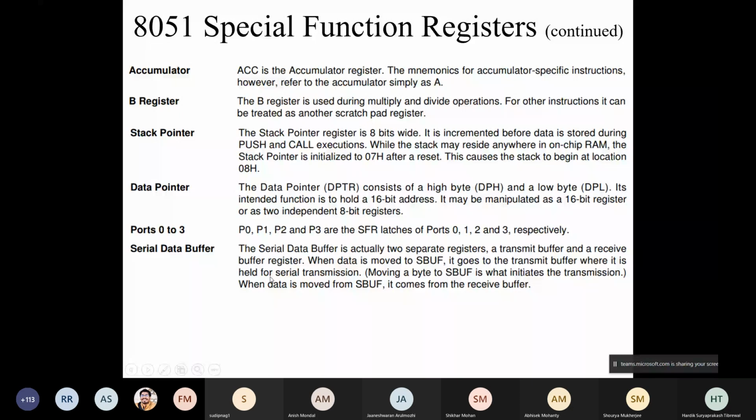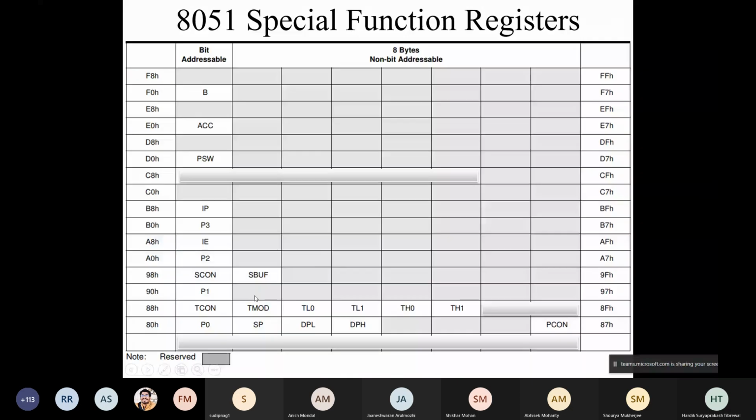Now this PSW register and all these registers that we have seen have certain addresses. See, a microcontroller is a digital circuit, and a digital circuit always goes by some logic. Here the logic is that every register, every memory location, whether it is RAM or ROM, and every special function register has a unique address. That is the logic behind the organization, the block diagram that we had studied.